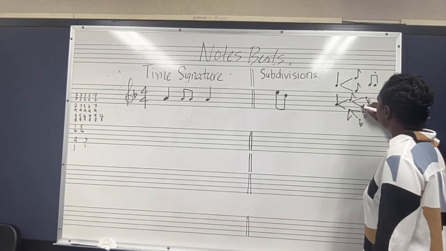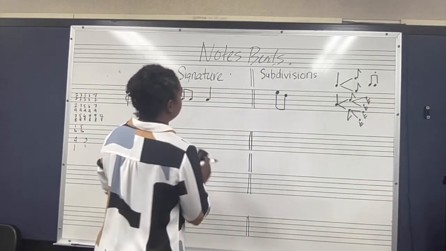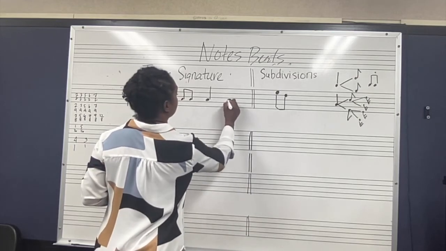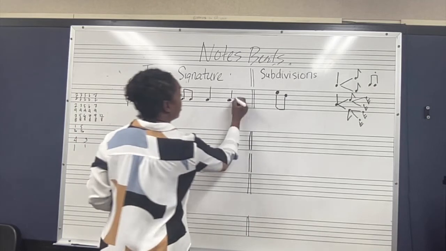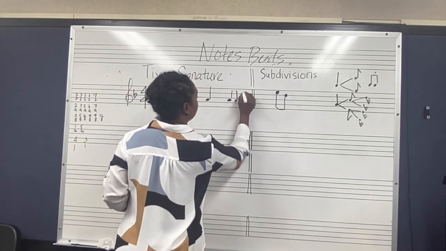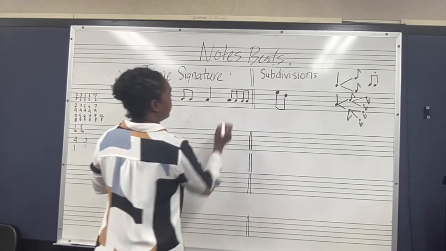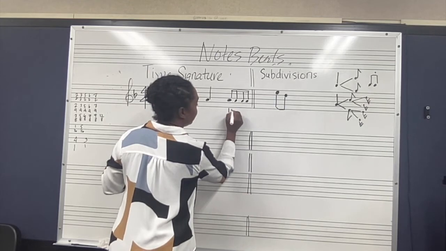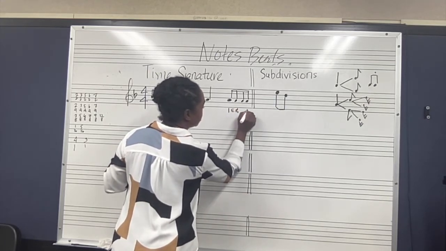Because look at that. So this beat that I erased here, this quarter note that was here before, because you know we're in 4/4, 1 2 3 4, I could have also just made it into 1 e and a. And that's kind of how we count it. The sixteenth notes are counted like 1 e and a.